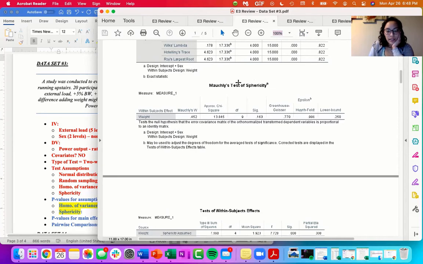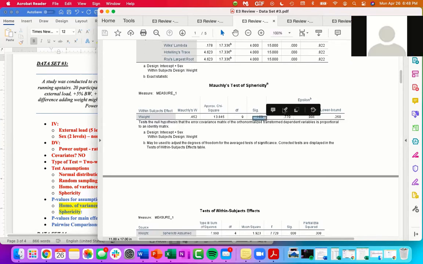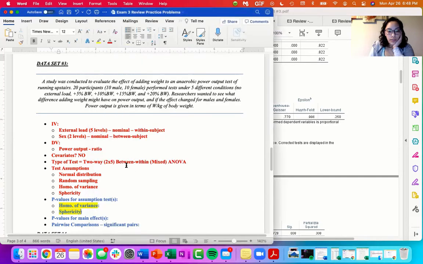And we can see the sphericity test comes first. So what is our p-value for sphericity? 0.163. Okay. So 0.163.